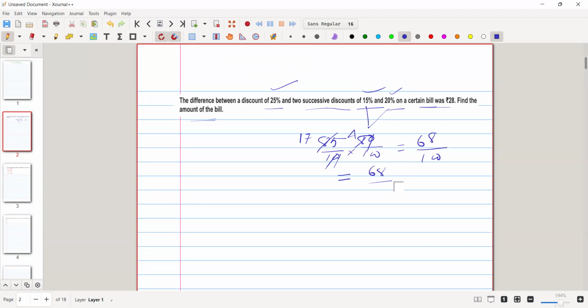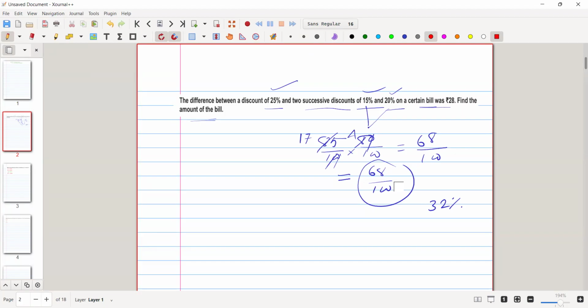So from this fraction, we can claim that the equivalent discount percentage of successive discounts of 15% and 20% will be 32%. Clear?